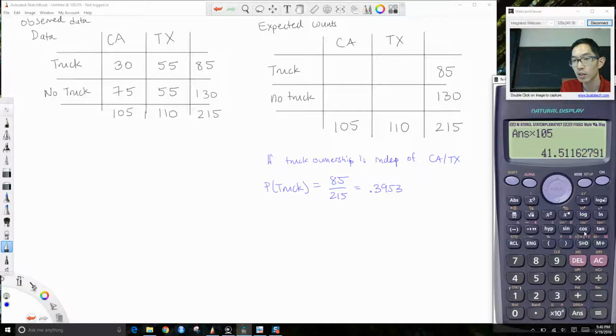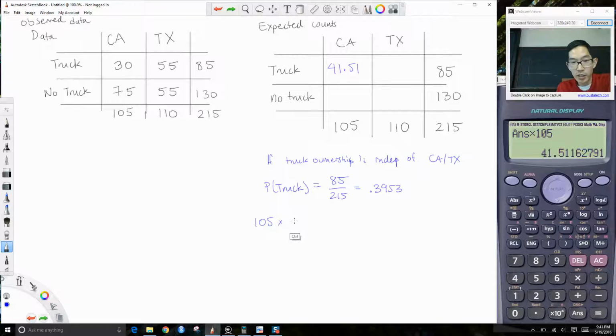The number of California people that I expect to own trucks would be 105 times 85 over 215, which gives me 41.51.